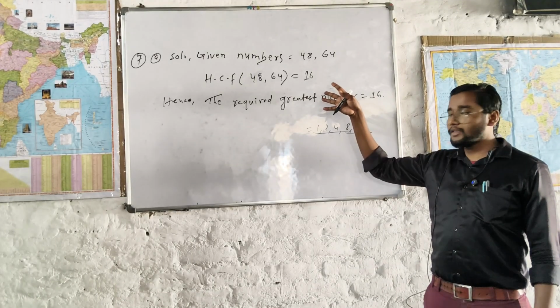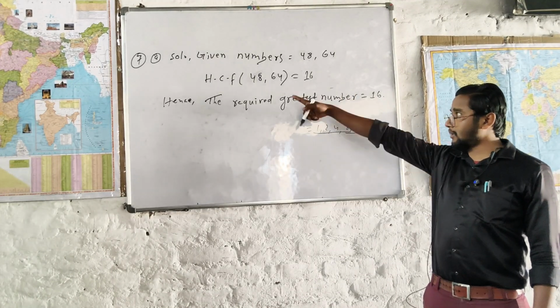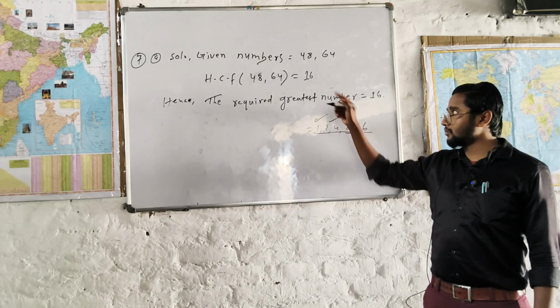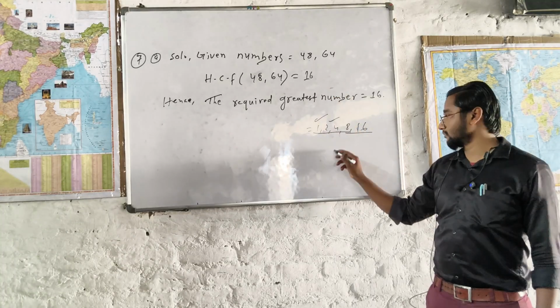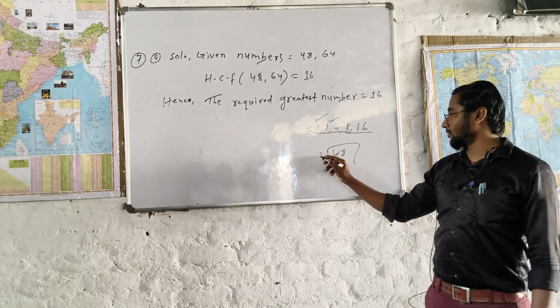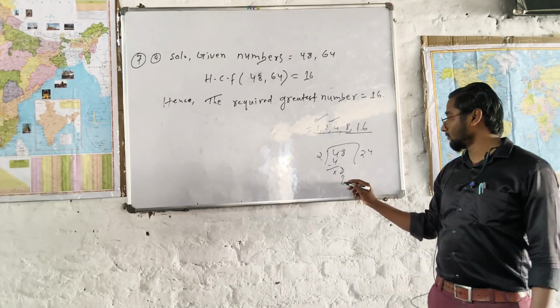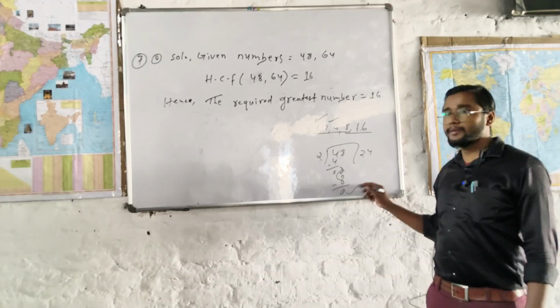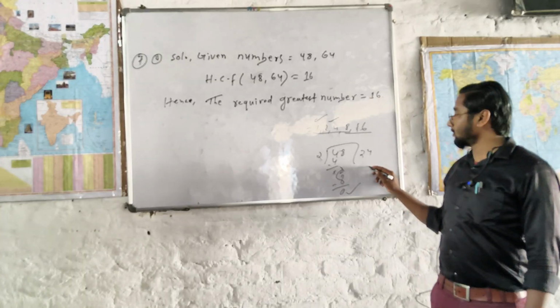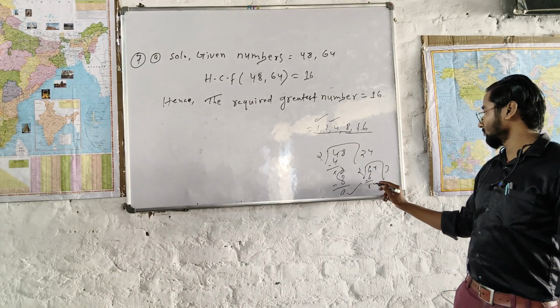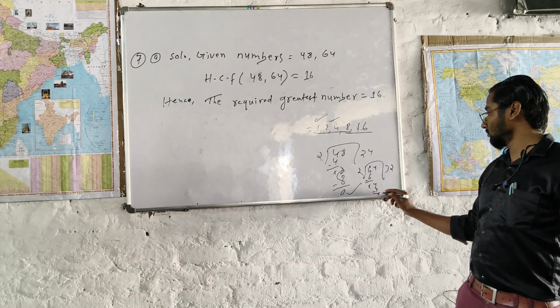Now you can see among all these numbers, 48 and 64 divisible by 1, you will get remainder 0. Divisible by 2, you get remainder 0. 4 times 2 is 8; you are getting remainder 0? Yes, sir. And 64, 2 times 32; 4 times 16.